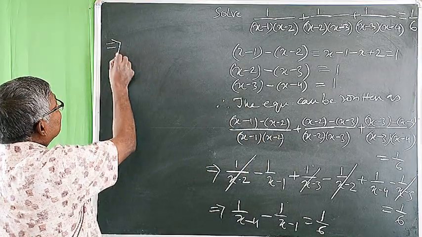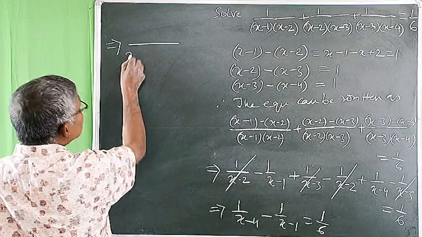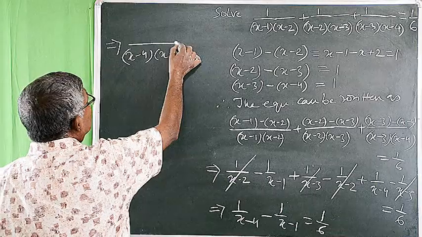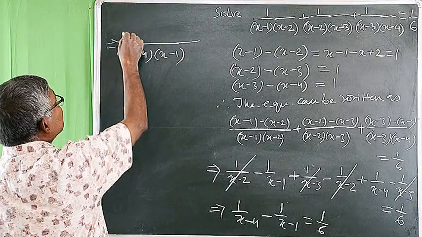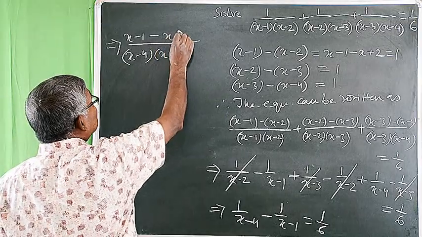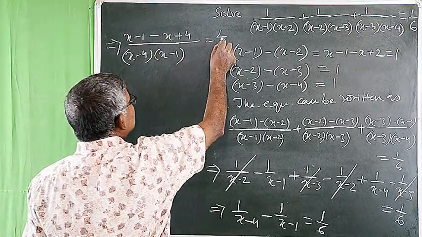So we can write it as (x - 1 - x + 4) / ((x - 4)(x - 1)) = 1/6.